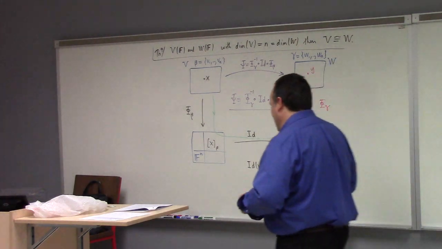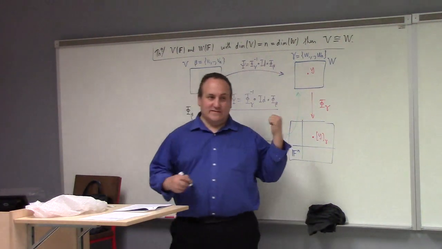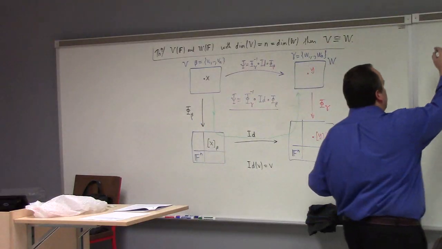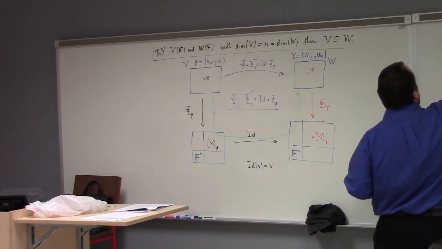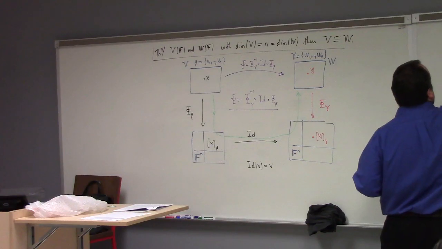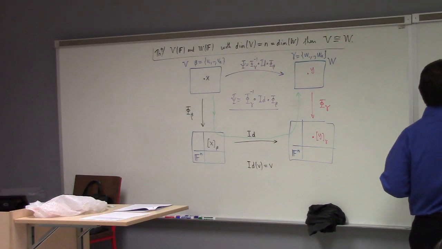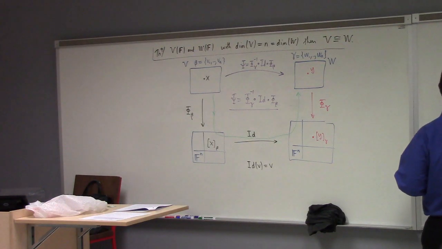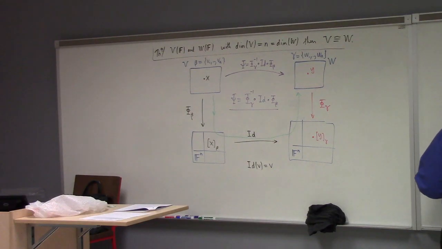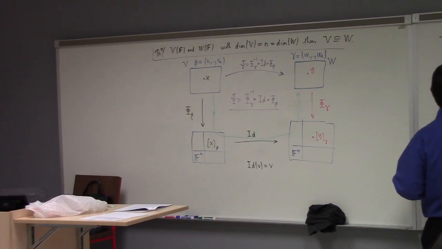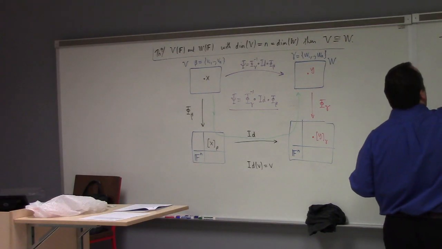So let's talk about the matrix of a linear transformation. It is tied to this discussion. So here we go. So here's the definition.